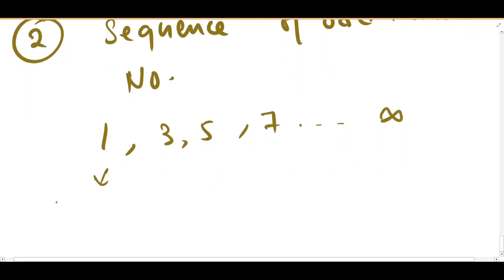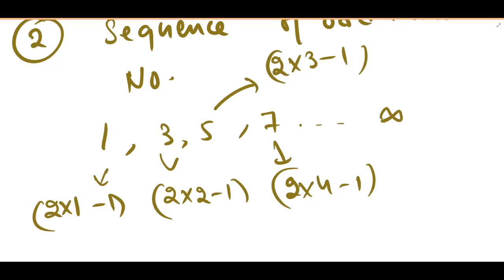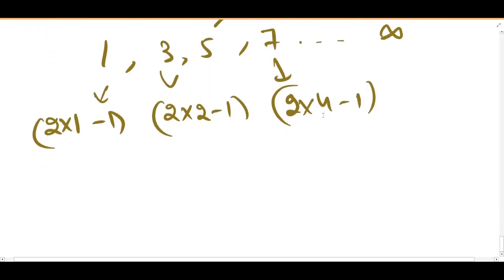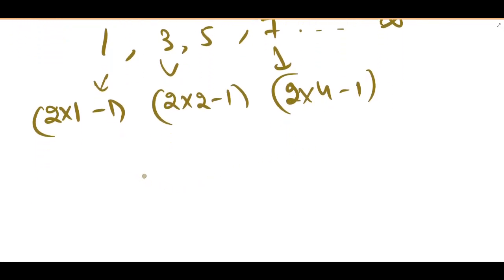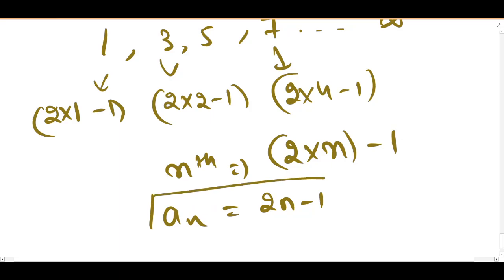So we can write 1 as 2 cross 1 minus 1, and 3 as 2 cross 2 minus 1, and 5 as 2 cross 3 minus 1, and 7 as 2 cross 4 minus 1. So if you notice the rule, the nth term will be 2 cross n minus 1. So the nth term is 2n minus 1.